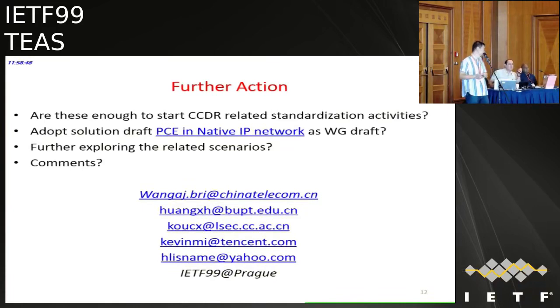Thank you. So we pretty much exhausted the time for the slot. What we do have is a question to see if this is an area the working group wants to work on. So before we lose the routing working group chair, who's walking out of the room, the question is: is TE for native IP networks something we want to be spending time on as a working group?